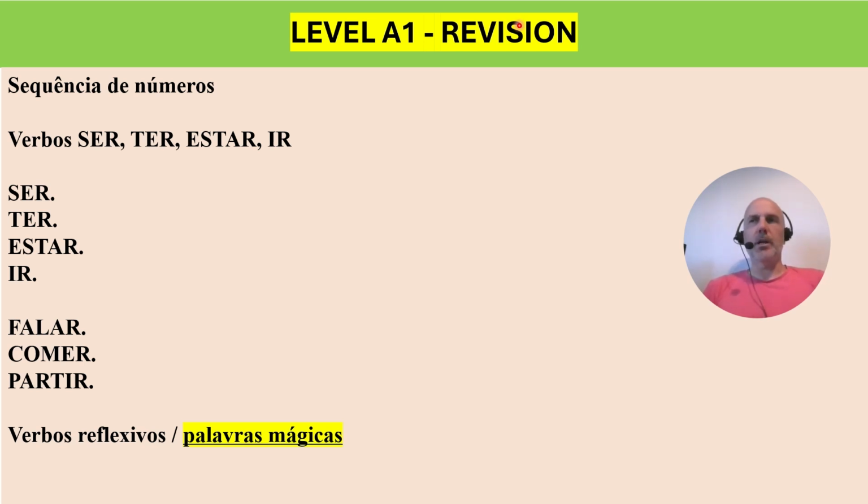I'm going to read out loud a sequence with 10 different numbers. And I'm going to ask you to grab a piece of paper, grab a pen, write down the sequence of numbers that I'm going to tell you, and then let's see if your sequence is correct or not. Okay, so I'm going to start. I hope you're ready.